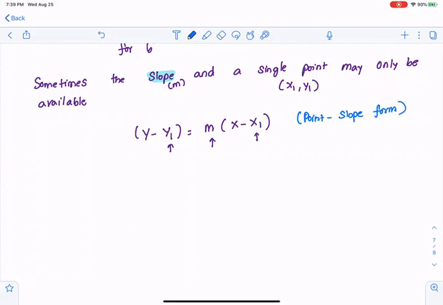And you should always remember that you can take an equation that is in point slope form and you can convert it to slope intercept form at any time. Convertible.